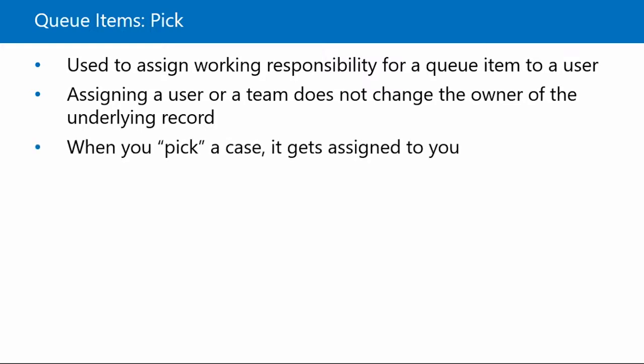So when you pick an activity or a case within a queue, the queue item is assigned to you. The Worked By field is also set to you if you leave the activity or the case within the queue. Should you release a queue item, in other words, you're not able to work on it, your name is then removed from the Worked By field, and the item is no longer assigned to you.